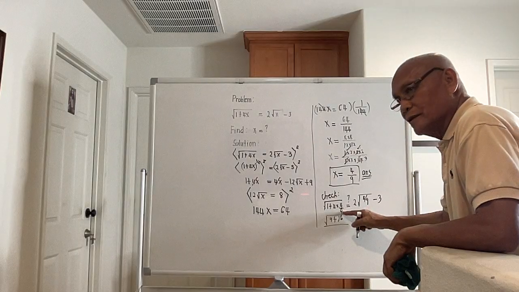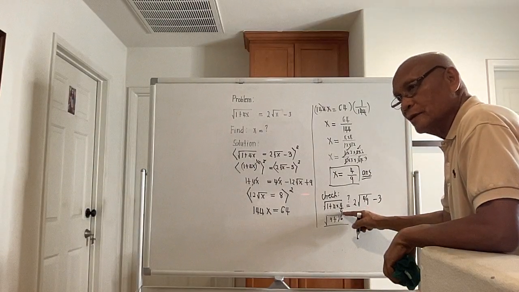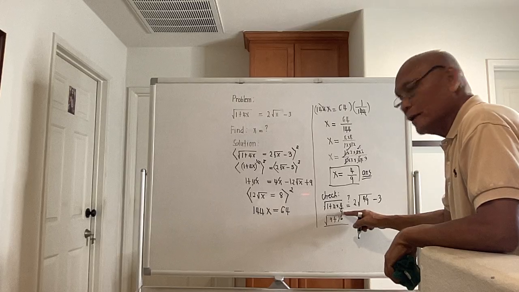This 9 here is inside, and it's a perfect square, and we could take the square root of 9, and that will be 3.